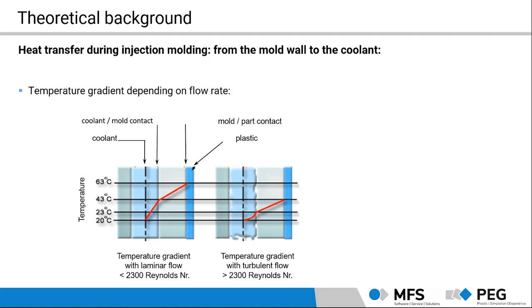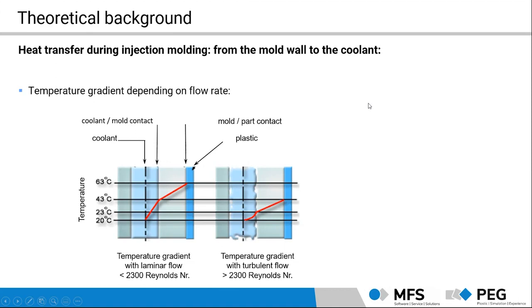At the end, I guess you will have a very good overview of what happens in the different areas of the mold and what affects the heat transfer. If you know that, of course, it's clear what we can do when we see problems, when we have a deficit in a temperature situation.